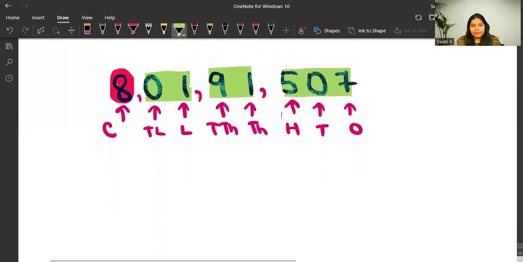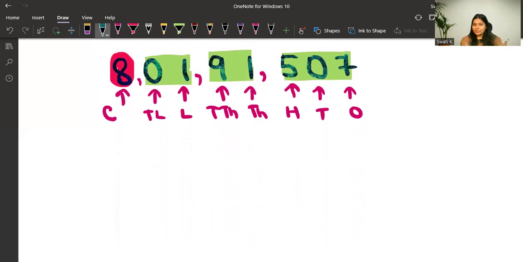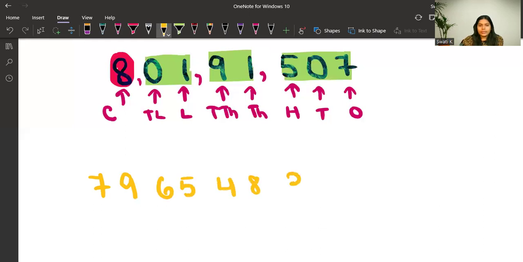Now I'll tell you one more digit, because this is a basic concept and this is for the lower grade students. So I'll not go beyond 10 crore. You already have an answer for what is the place value of the next digit. 796548330.